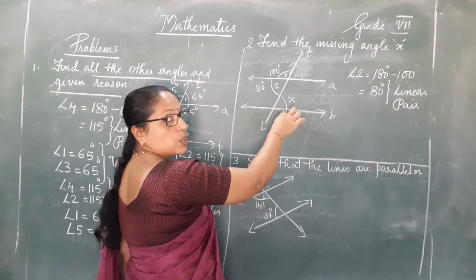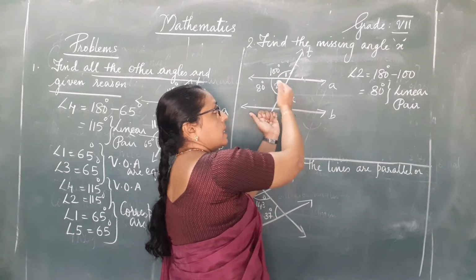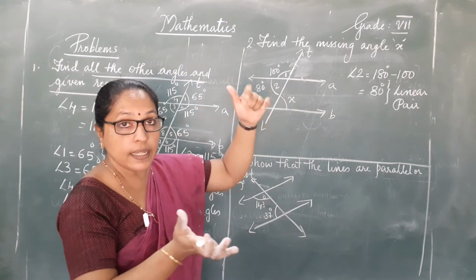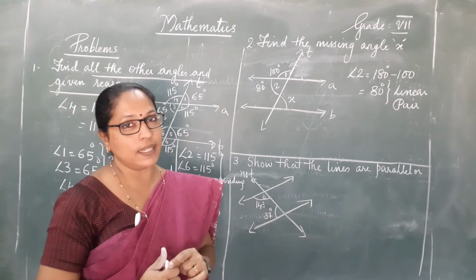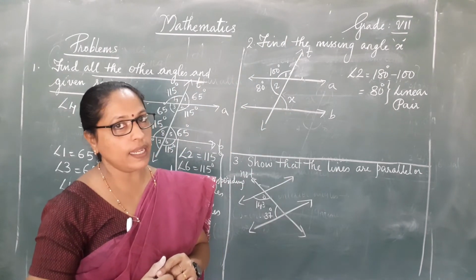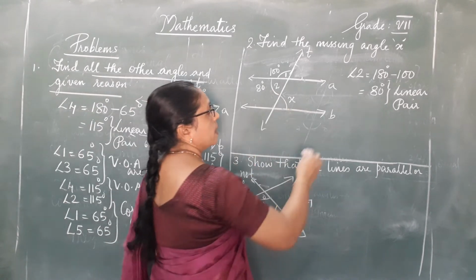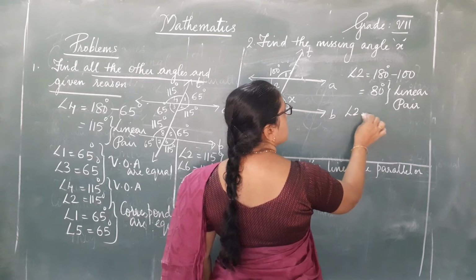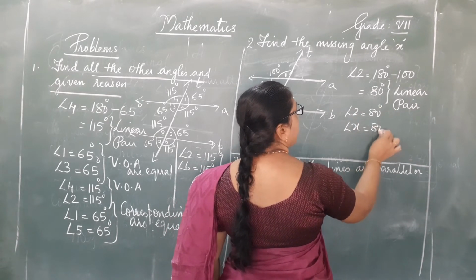Now you can connect these two angles. They are inside and opposite. What do you call such angles? Inside the parallel lines, and they are opposite. Yes, alternate interior angles. Are they equal? Yes. So what you can say? Angle 2 is 80 degrees, so angle X is also 80 degrees.